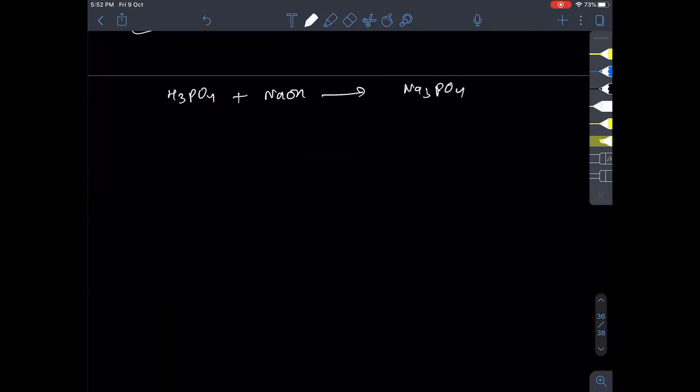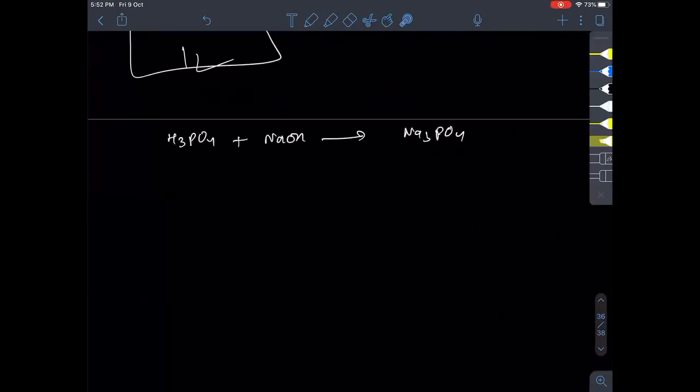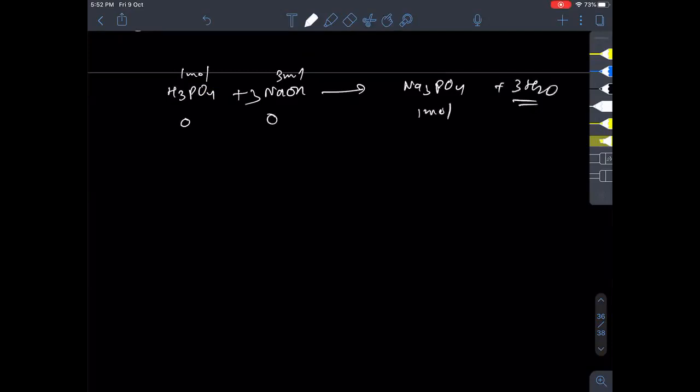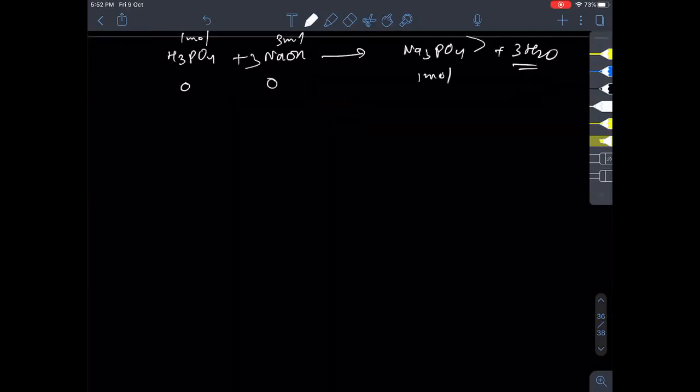When I treat 1 mole of this with 3 mole of this, then only it will be possible. So 1:3 ratio. If I took 1 mole and 3 mole, then it will be 0, 0, and you will get entirely 1 mole of this plus 3 mole of water, which I don't need to consider anyway. Now this is known to you, right? Na3PO4. So what will be the pH?